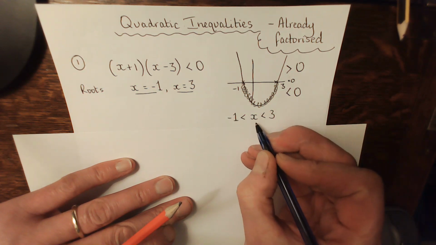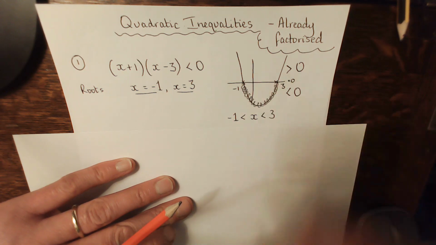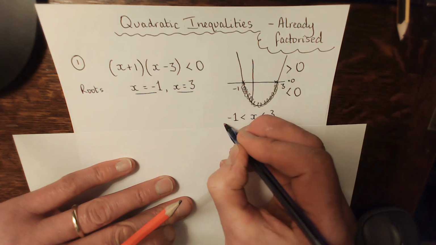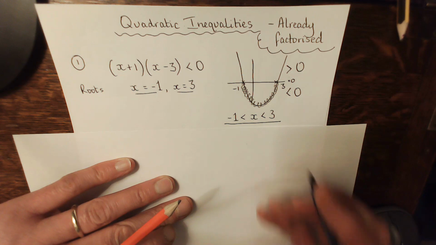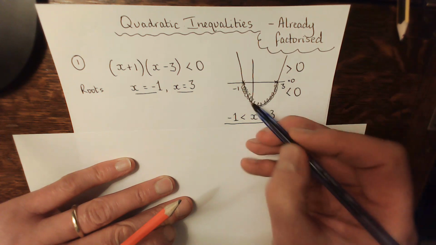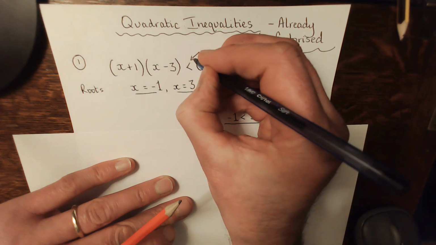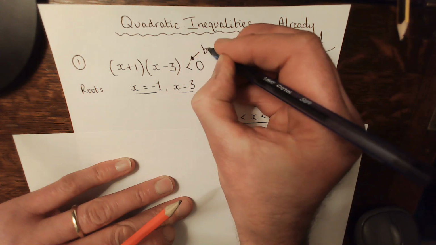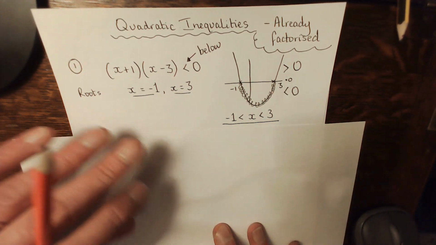Notice I have got one x here because I have got one part of my graph. And it's really important that you set it out like that. My next example will hopefully clarify that. So it's below the x-axis, it's less than 0 because the question's telling me here that is below. So I've got 1x in my answer.